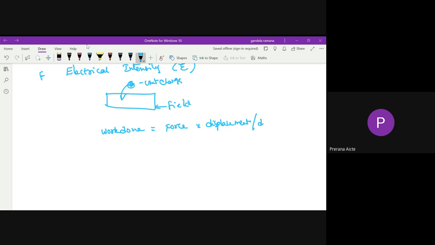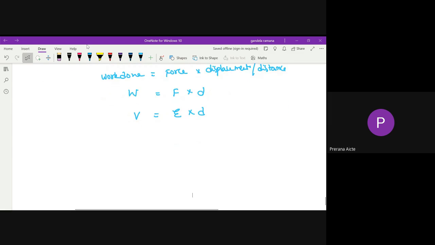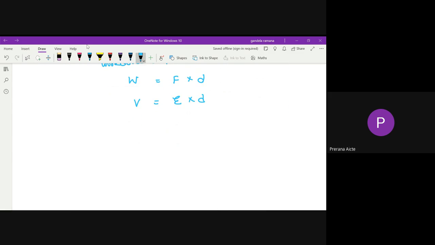So W is equal to force into distance. The potential V is equal to electrical intensity into distance.